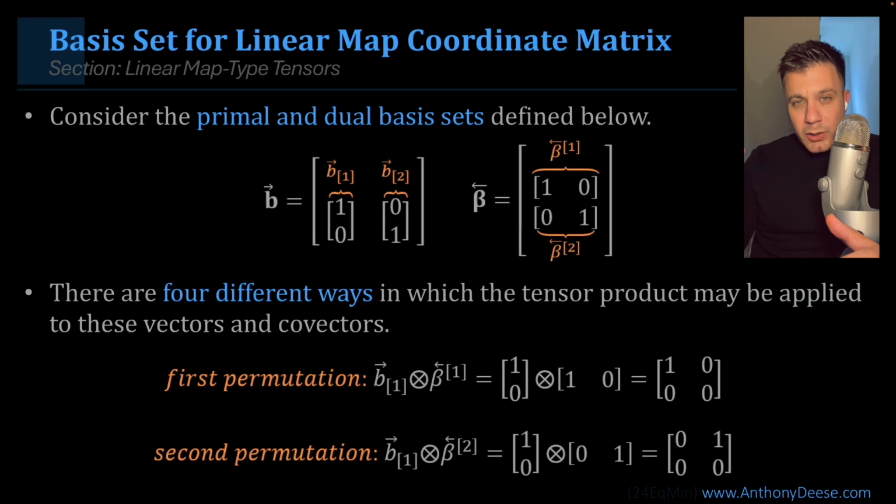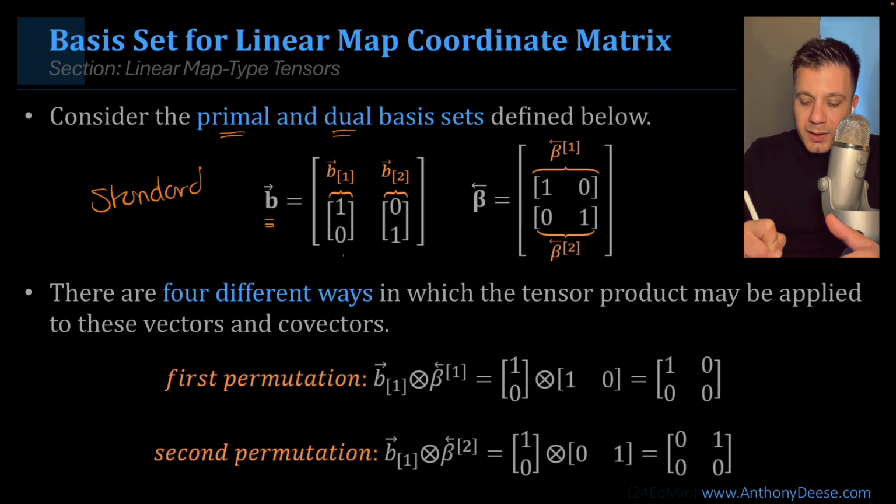So we're going to use a little bit of an example to demonstrate this. Let's start off by considering some primal and some dual basis set as defined below. We're not going to give these subscripts right now. We're actually not going to talk about where they come from. They exist. We have some primal basis set B, and both of these are standard basis, or we can call them orthonormal basis, which is convenient for these types of discussions.